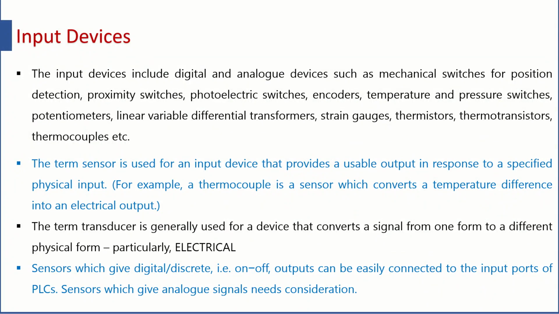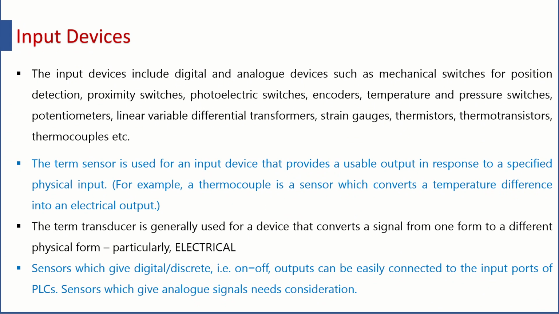The mercury will expand and it will denote a particular mark on the thermometer. Now you see what is actually happening. The change in the physical parameter, that means the change in the temperature, is giving you a usable output. Usable in the sense that the expansion of mercury has been calibrated in such a manner that you can read that. That becomes a usable output. So this is the way a sensor helps you in measuring any physical input.